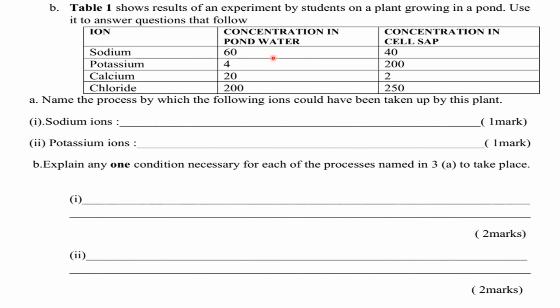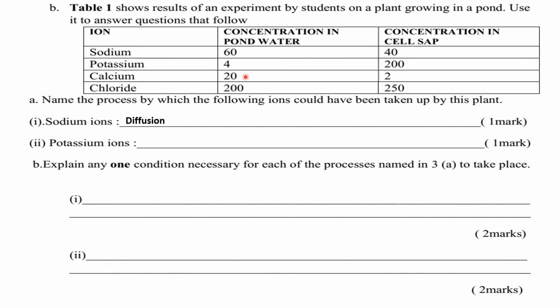There is more sodium in the water than in the plant. That means the sodium was moving from high concentration region to low concentration region. Therefore, this must be diffusion. Remember, diffusion is the movement of particles from their region of high concentration to the region of low concentration.